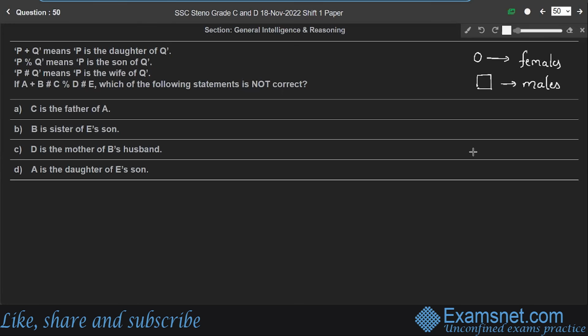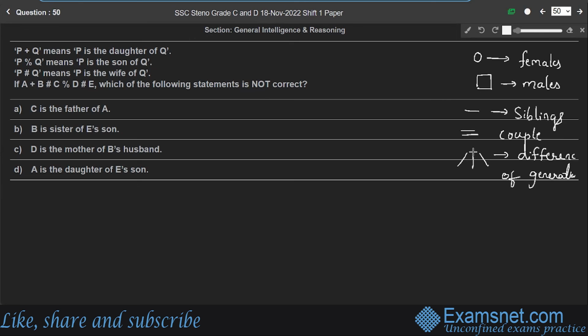We use a single horizontal line for siblings, a double horizontal line for a married couple, and a vertical or slightly slanted line for difference of generation.